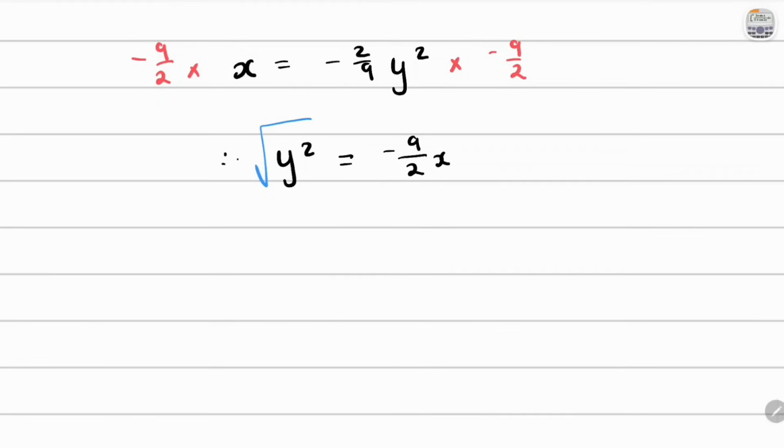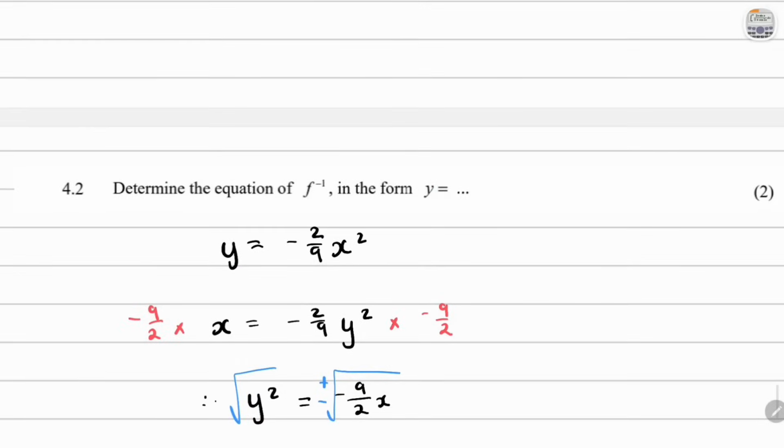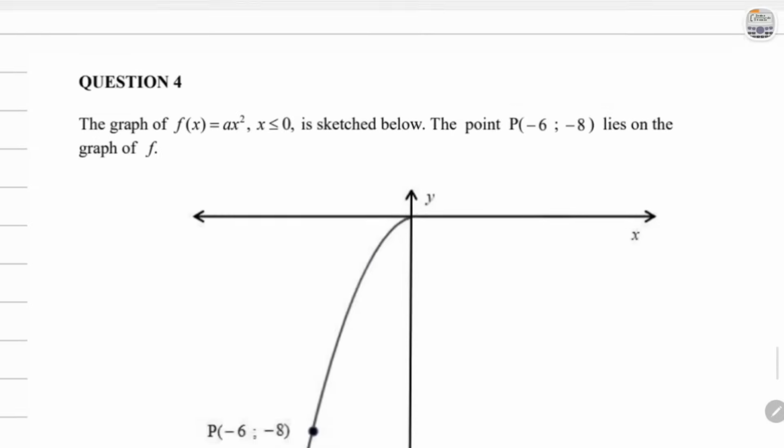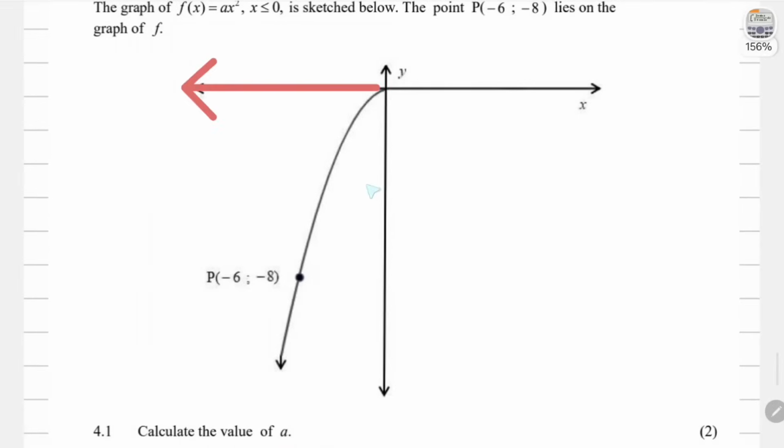So when we square root, remember this is an equation, so you have to consider the positive and the negative solution. So this means y is equal to, and now we have to think about this. We're trying to find the inverse, okay? The original function had a domain of x is less than or equal to 0, and we can see that over here.